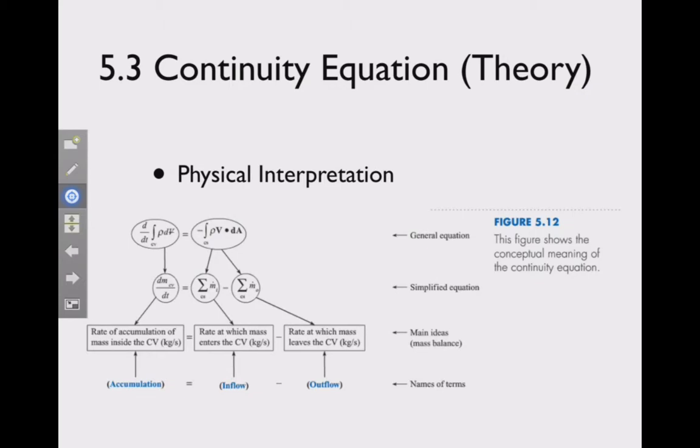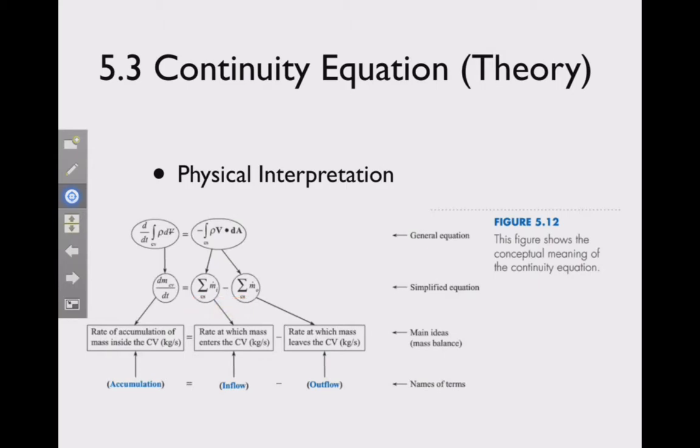So the physical interpretation of the continuity equation is this. The first term over on the left side is the rate of accumulation of mass, the accumulation of mass inside the control volume. We've moved these two things over to the other side. This equals minus the integral of rho v dot dA, and in the simplified inlet-outlet form, we have that equaling the sum of the inputs minus the sum of the outputs through the control surface.